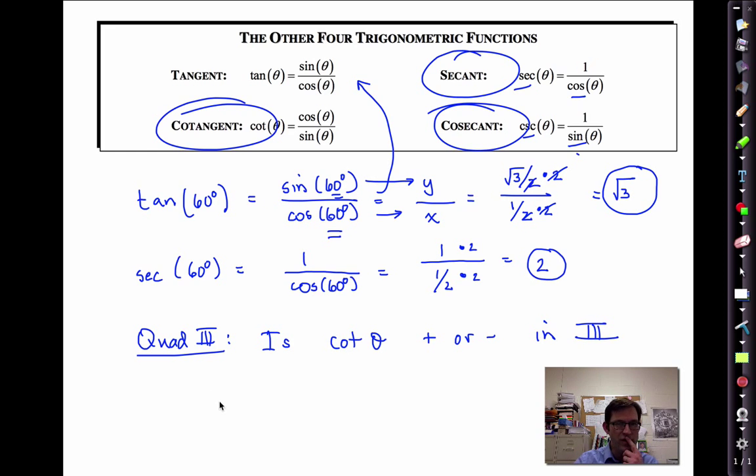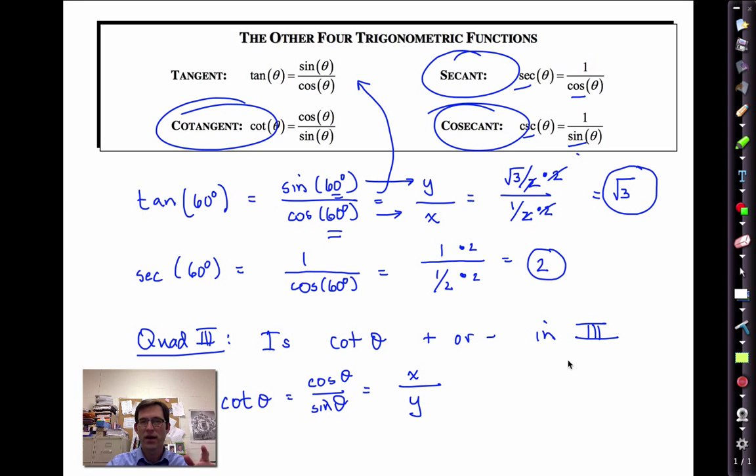Well, let's think about this for a second. The cotangent of an angle is going to be the cosine of the angle divided by the sine of the angle. Now, I just want to think about that in terms of the unit circle. The cosine of the angle is the x-coordinate on the unit circle, and the sine of the angle is the y-coordinate. Let's think about quadrant 3.